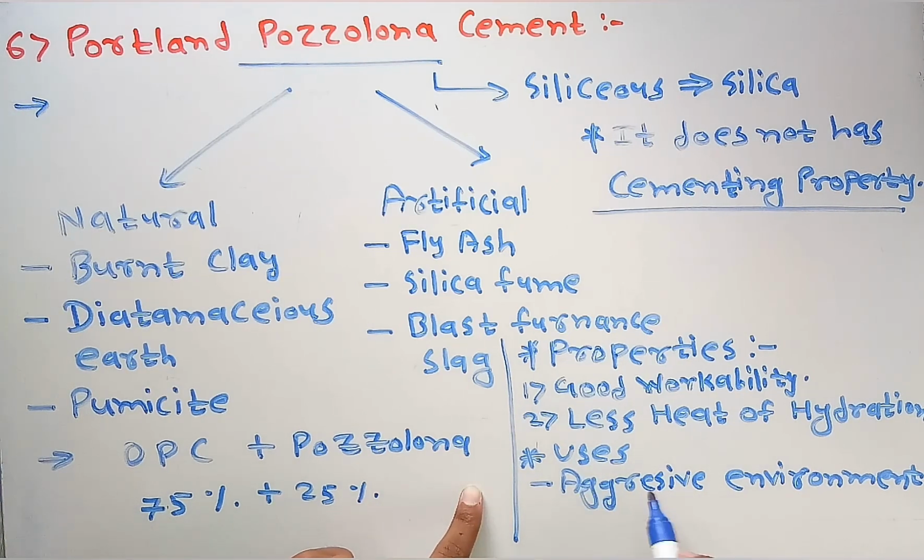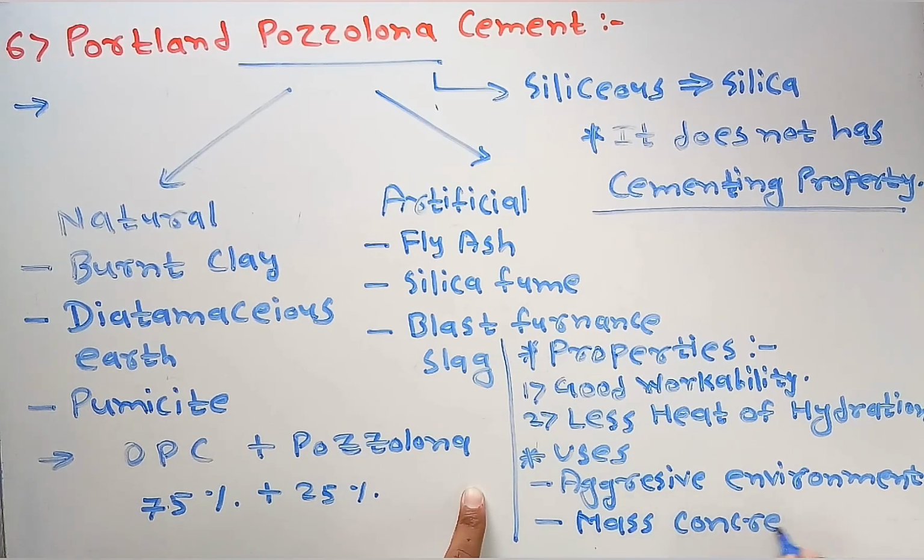So it is used in aggressive environments, and also, as it liberates less heat of hydration, it can be used for mass concreting purposes. So this is all about the Portland pozzolana cement.